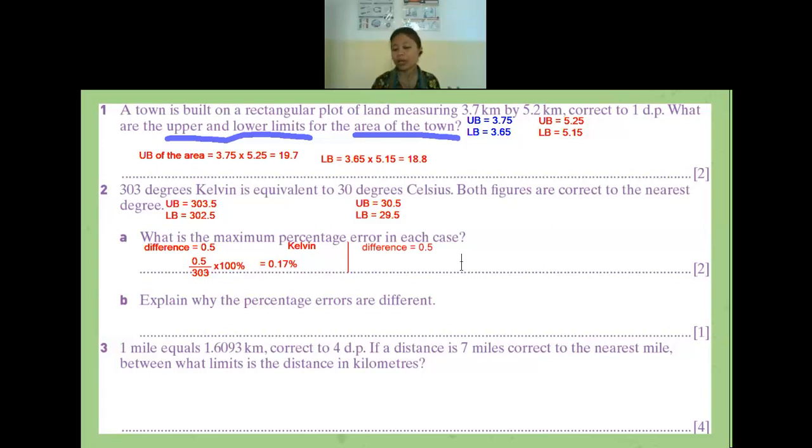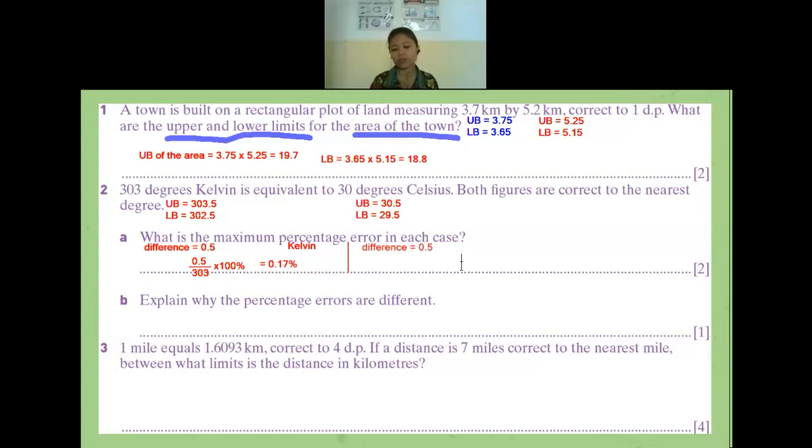It's up to you. You can compare it to lower bound or upper bound. So if for example I compare it to upper bound, I compare 303 with 303.5. The difference will be 0.5, right?